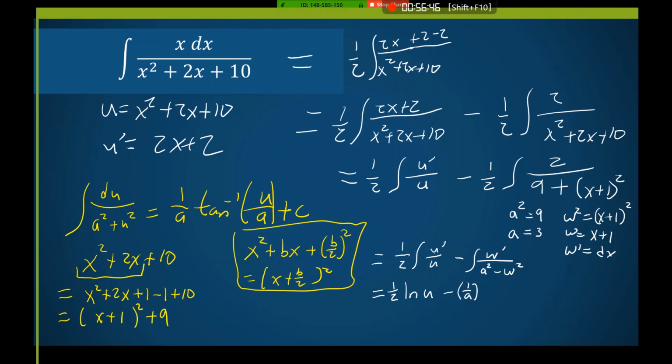If I integrate this, we've got our arctangent function. So this is going to be 1 over a times arctangent of what? Okay, so I'll have 1 over a, then I need one more thing on top.